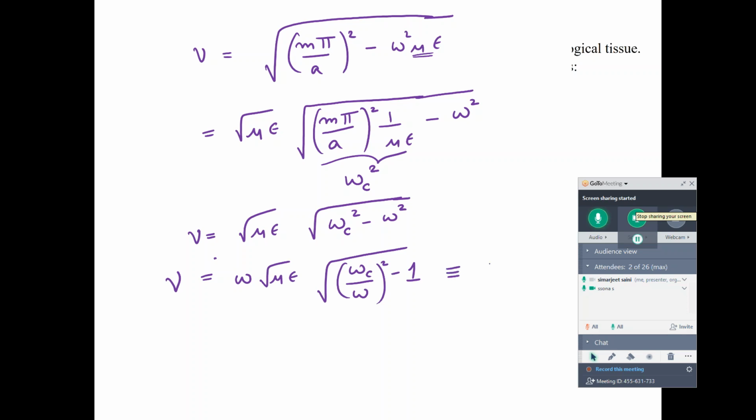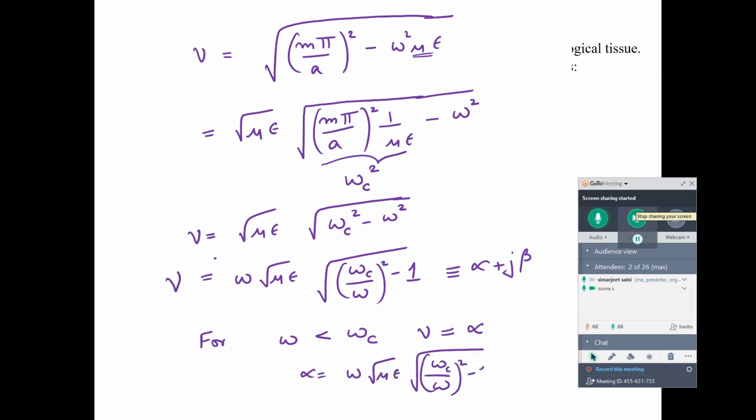And this has to have the form of alpha plus jβ. So it's telling me for ω less than ωc, my gamma is just alpha. For ω less than ωc, my gamma is just equal to alpha, and the value of alpha is given by exactly ω square root of με, (ωc/ω)² minus 1.